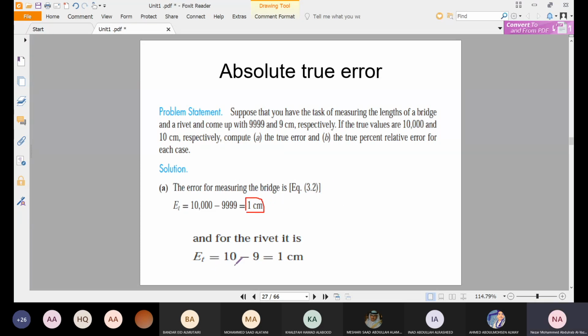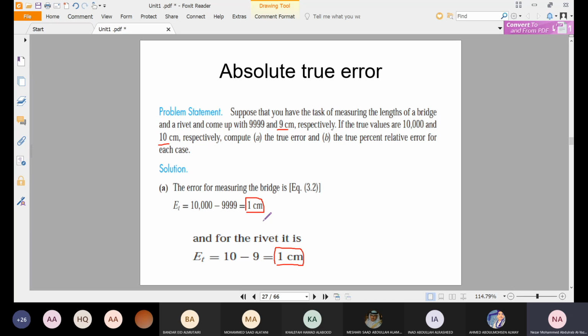Also, for the rivet, it is 10 minus 9. We measure 9 centimeters, and the true value is 10 centimeters, and the error here also will be 1 centimeter. So now we have the same value of the error. If someone says I measured the bridge with an error of 1 centimeter, and you measured the rivet, you also have an error of 1 centimeter. So now the error is the same, 1 centimeter.